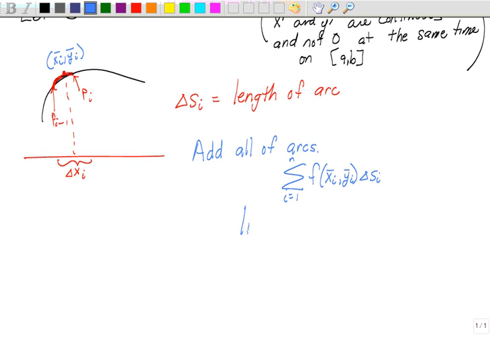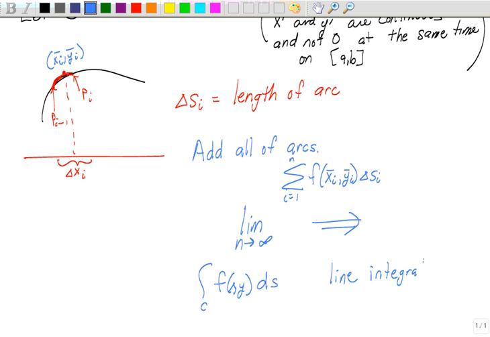And then we're going to take the limit as n goes to infinity, and that's going to give us the integral over the curve. And that's called the line integral of f along the curve C.